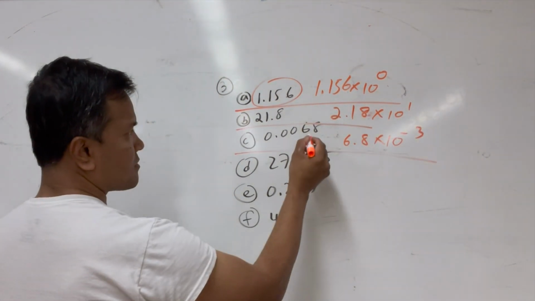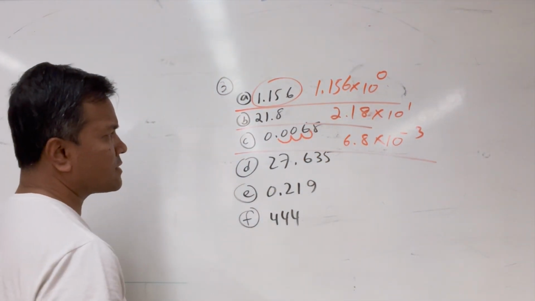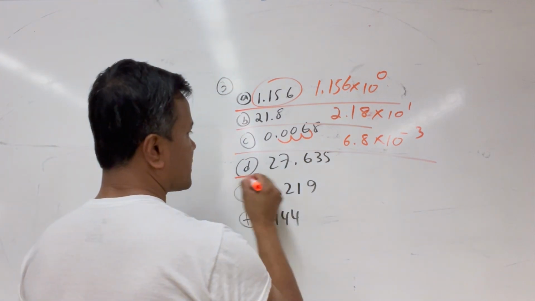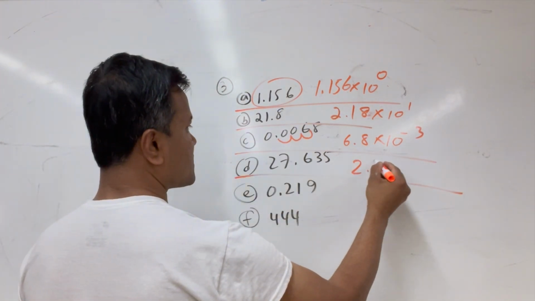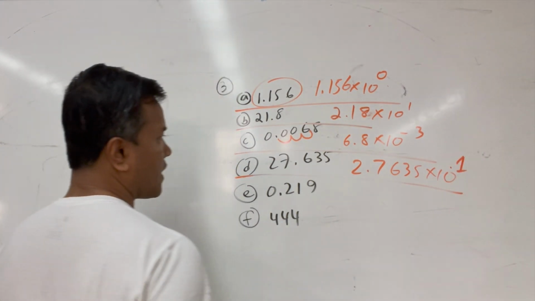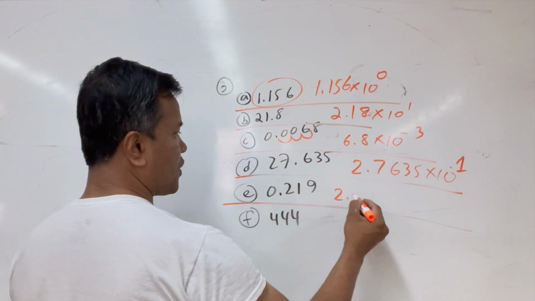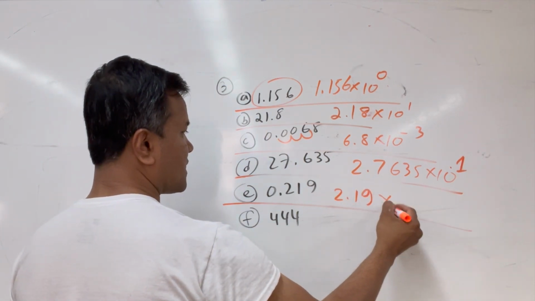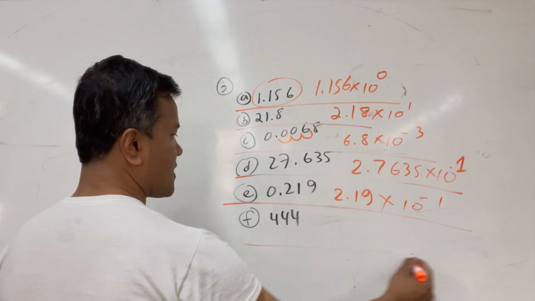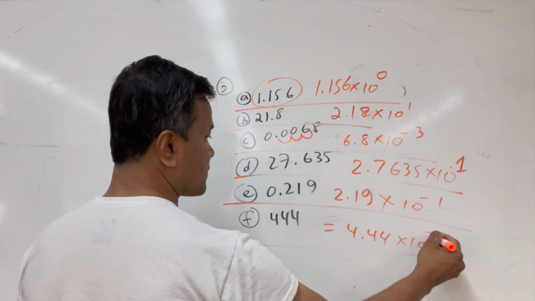Why? Because 3 to the right, 3 to the left. And this one would be 2.7635 times, this one would be 2.19 times 10 raised to negative 1, and this one is 4.44 times 10 raised to 2.